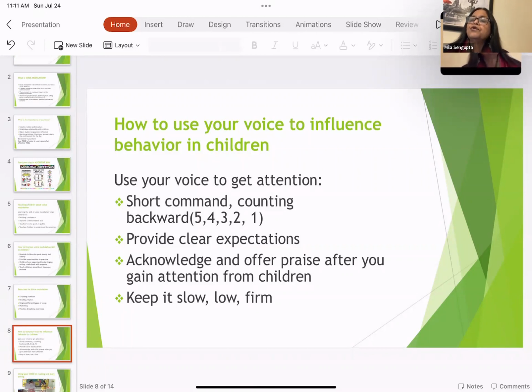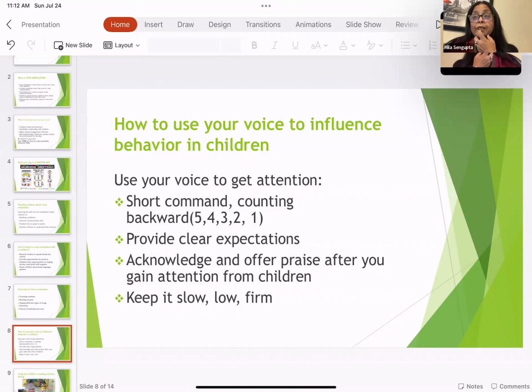Also, use your voice to provide clear expectations. So what are some of the fundamental basic rules and expectations that you have in your classroom? Communication of that nature can be in different ways. You can use verbal cues, you can use picture cues, but the message should be very clear, because children, as a rule, you have to keep repeating it.